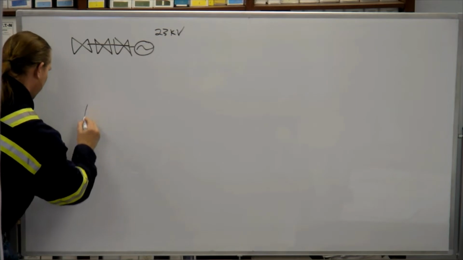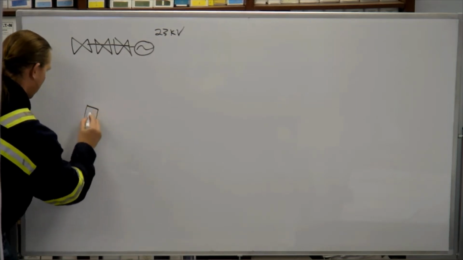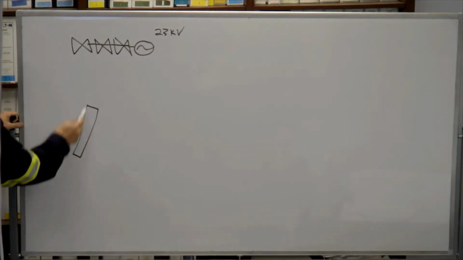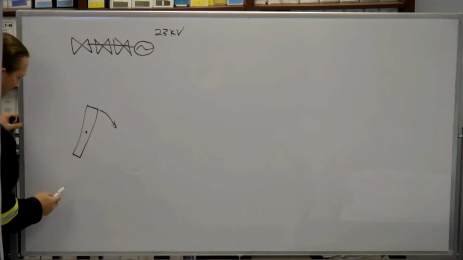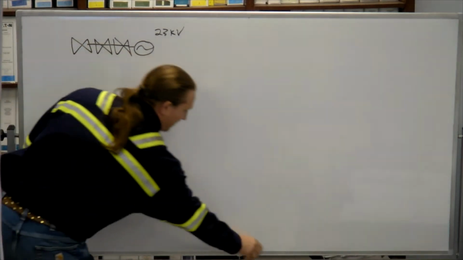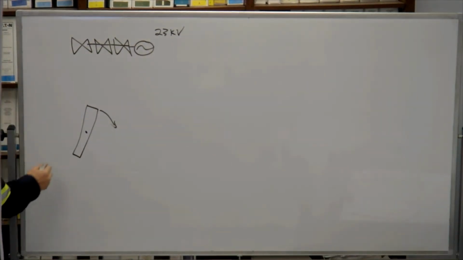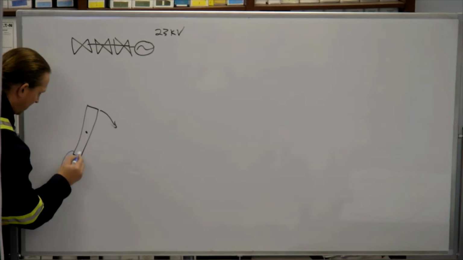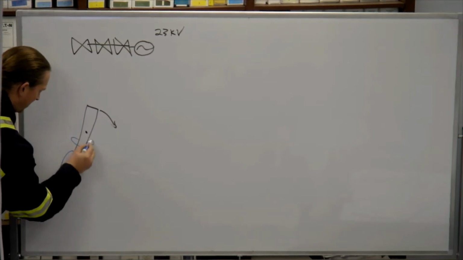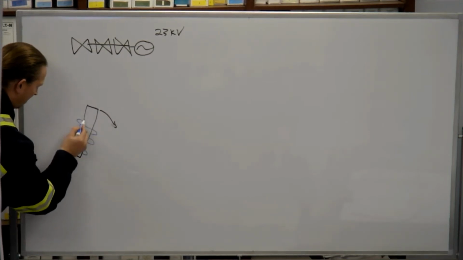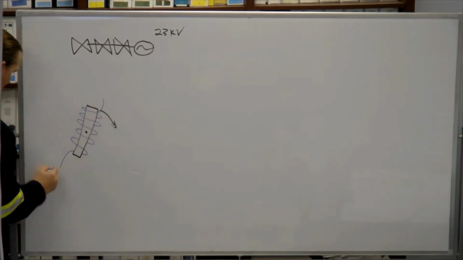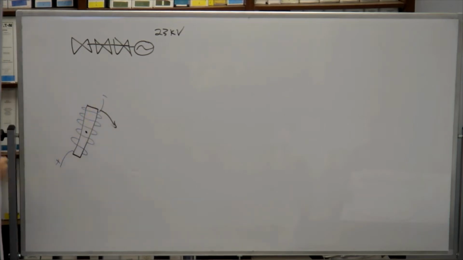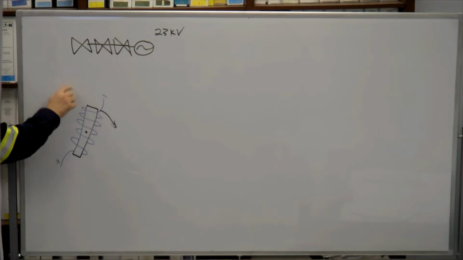So you've got a rotor. It's rotating that way. And we've got an exciter. So that is like a loop of wire going around it, right?